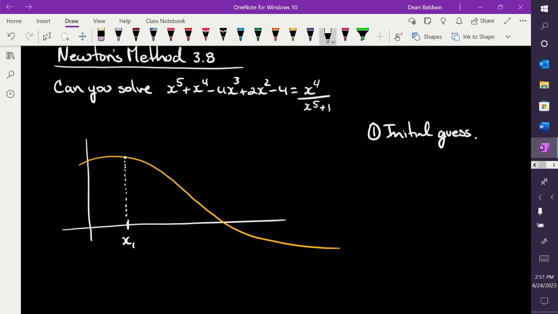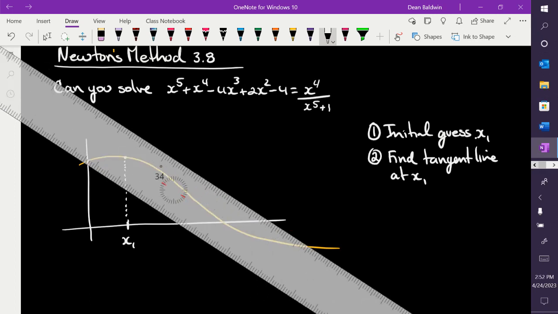And then you find the tangent line at that point. So the initial guess x1. Now I'm going to show you this visually. All right, so you find the tangent line. I guess I should use the ruler.